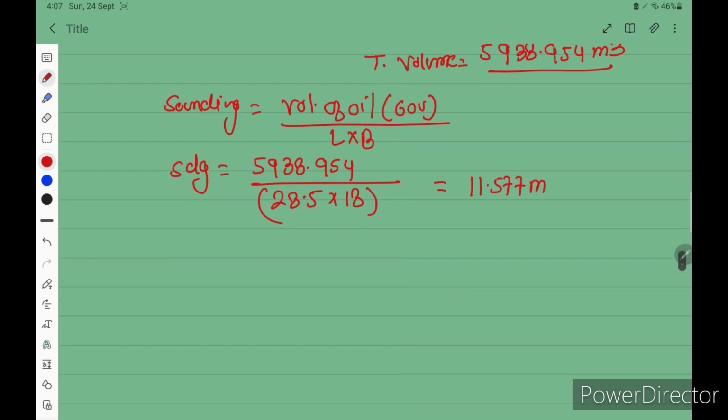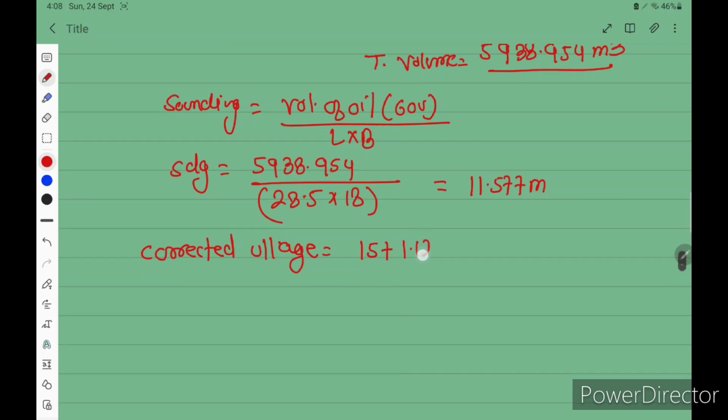Now this is sounding, so we need corrected ullage. So height of the tank is 15 meter plus 112 cm is above the top of the tank. So we have to convert in meters. So 1.12, 16.12 minus this one, 11.577 sounding.